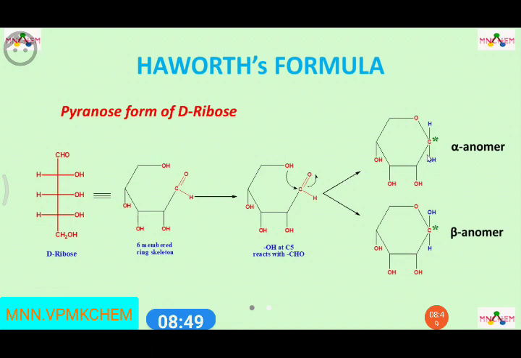The isomer in which the hydroxy group is below at the chiral center, or at the C1 center in the oxide ring, is called alpha anomer. Whereas the hydroxy group which is above at the C1 oxide ring is referred to as beta anomer.